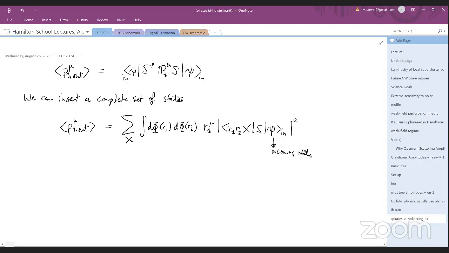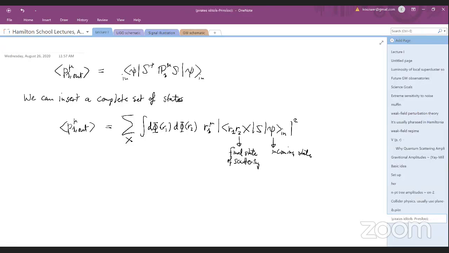And this is the intermediate state we would put in here, but you can think of it as the final state of the scattering process. So this is the outgoing state, in a sense, to the far future.